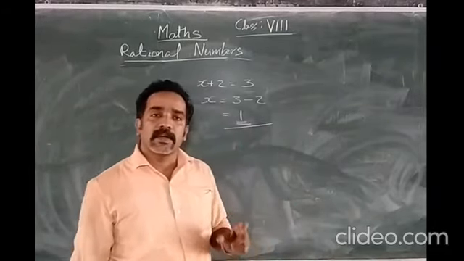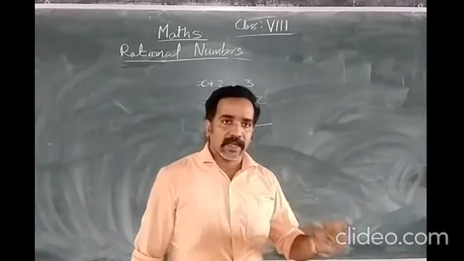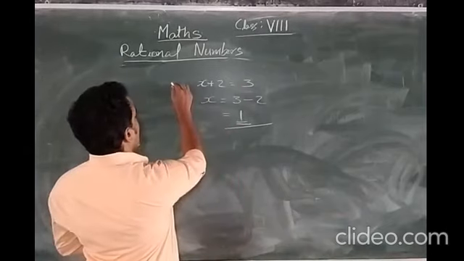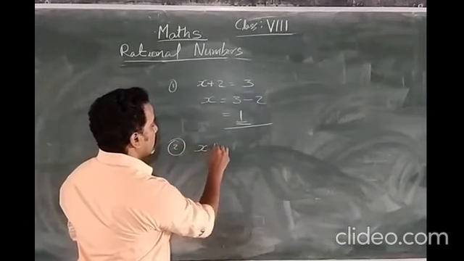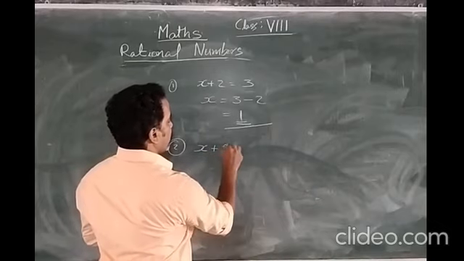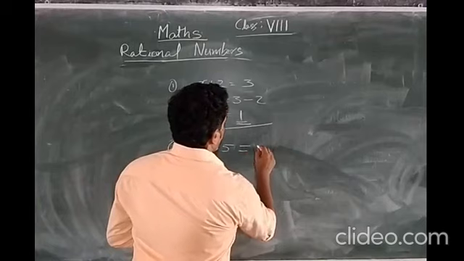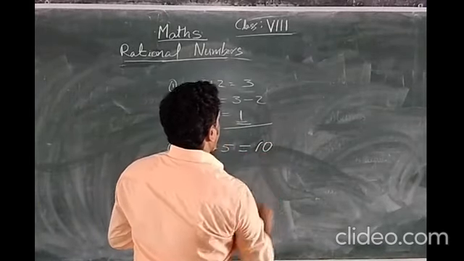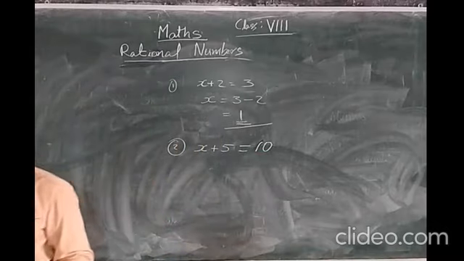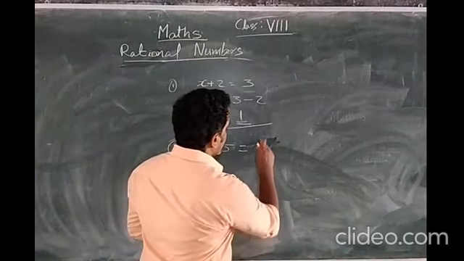So that is the set of natural numbers. Then when we deal with another type of equation, I will show you another example. Second example, x plus 5 is equal to 5.